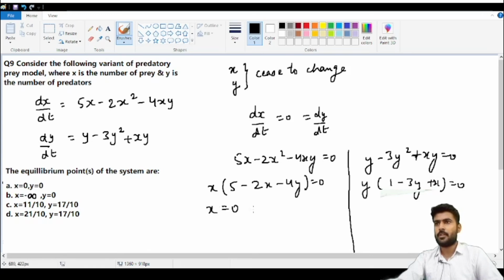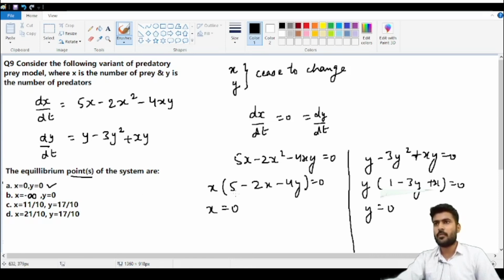One of the solutions is x equal to 0 and y equal to 0. Here we are clearly given that the equilibrium point may be one or it may be multiple points. So option A is definitely correct. Now we have to look for other solutions also, because there might be some other values of x and y where they are constant.